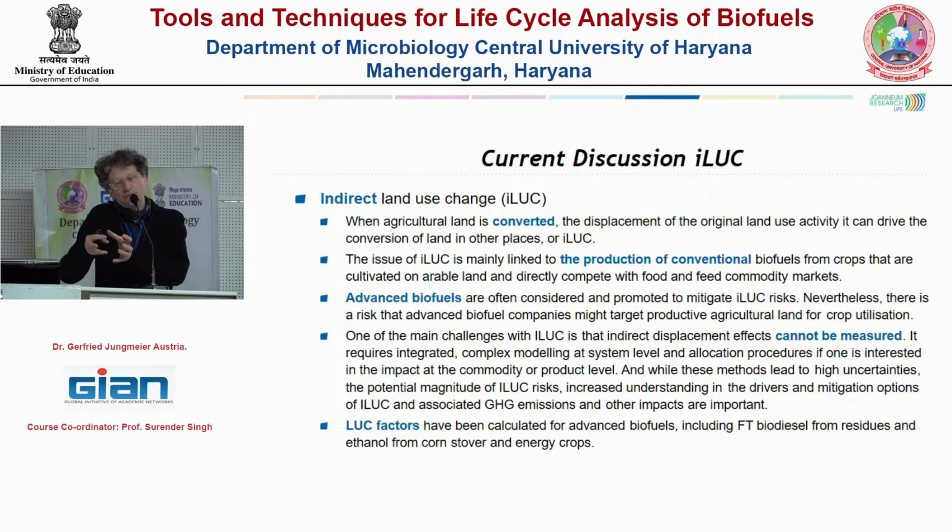As soon as you come to advanced biofuels, and this is also a key driver for going to new feedstocks, lignocellulosic feedstocks, land use change is not an issue at all. So this is one key driver to include land use change in this consideration, because this is a clear and big advantage for second generation biofuel.